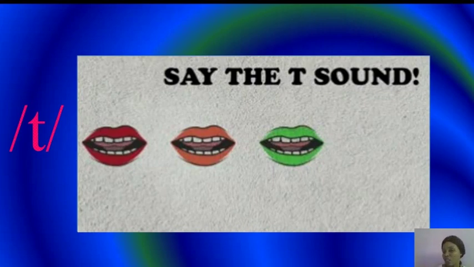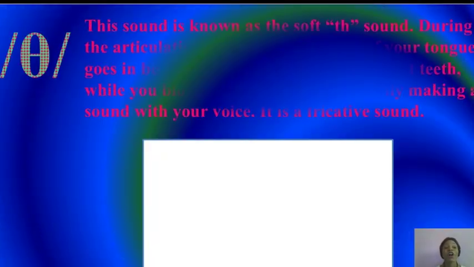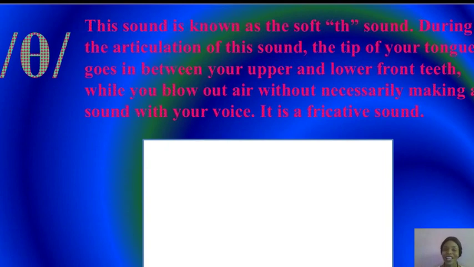That is how you articulate the T sound. Very easy, not stressful. I want to believe that was actually easy for you also, looking at me. And I also want to believe that you were able to locate your own alveolar ridge, that bump just right behind your upper teeth. So let's move over to the articulation of the soft TH sound.